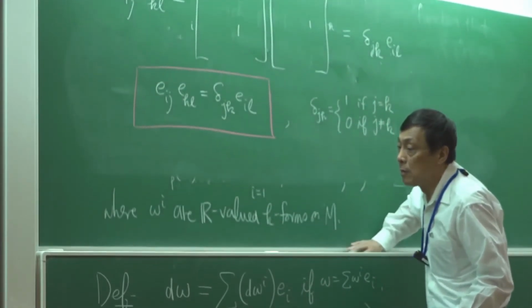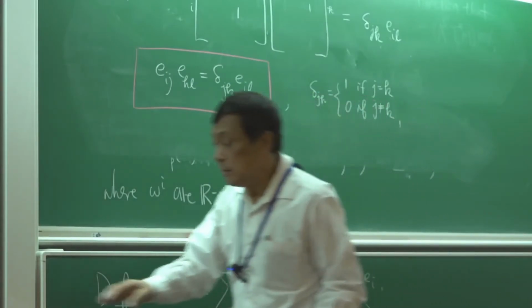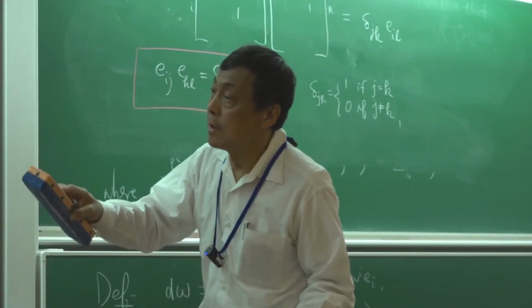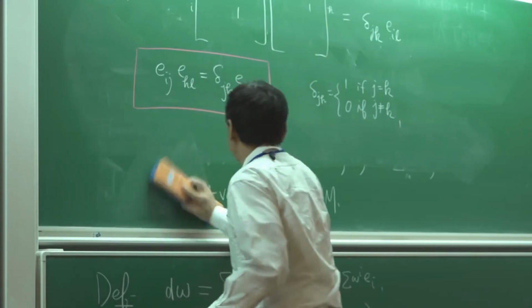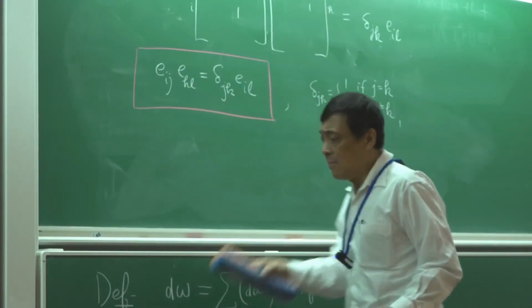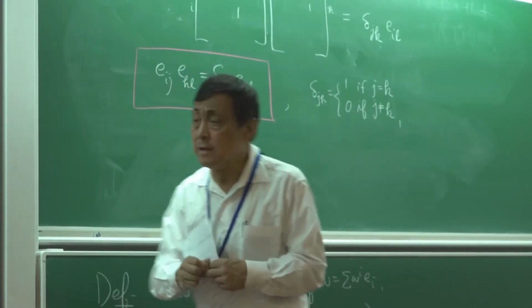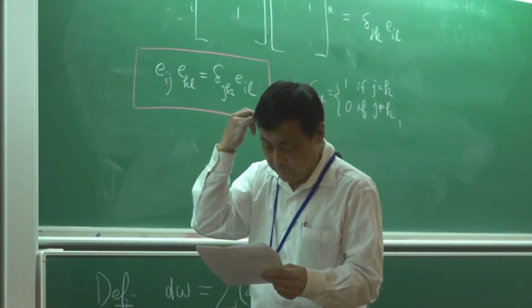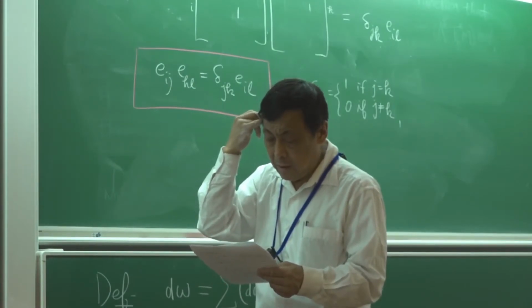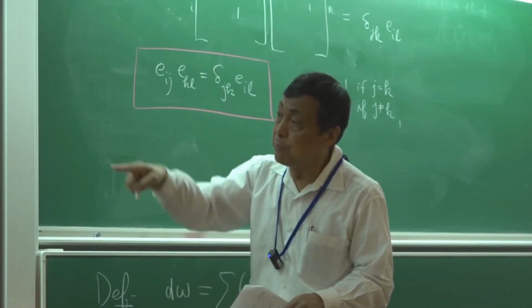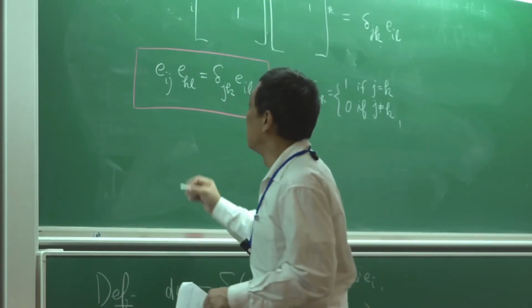So for GL n R valued forms, you have two products: the Lie bracket and the wedge product.